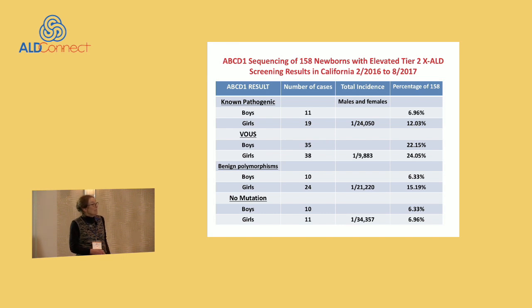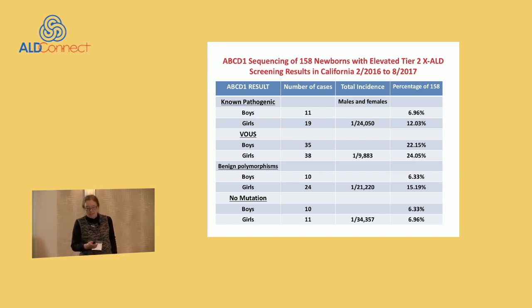Now, known benign polymorphisms, they had 10 boys and 24 girls. So these were known to be ALD mutations that are not disease-causing. They're benign polymorphisms. And then no mutation, the boys were 10, girls 11. So no mutation in ABCD1. So the only number here which we can hang our hat on is the 1 in 24,000.